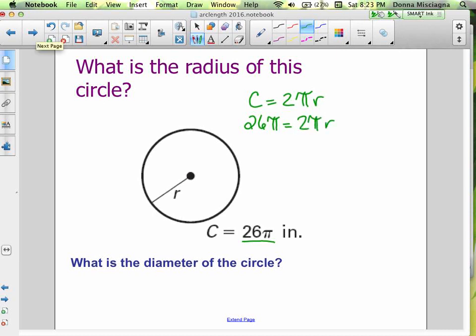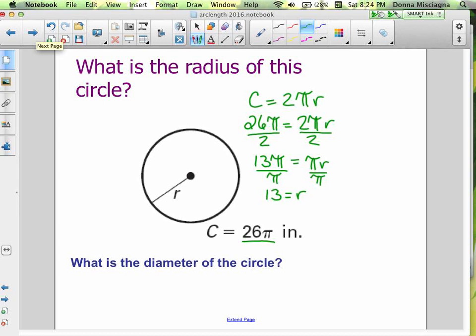You can divide both sides, first of all, by 2. If I divide by 2, I would have 13 pi equals pi times the radius. You could also divide both sides by pi. And 13 is the radius.